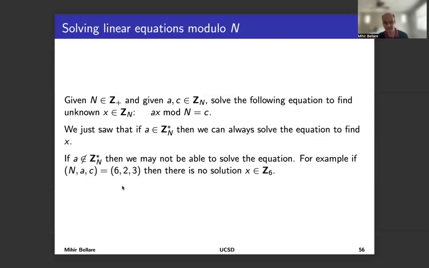It kind of was, because if a is not in Zn star, there are cases where we can't solve it. For example, if n is 6, and we're asked to solve 2 times x mod 6 is 3, I claim that there is no solution x in the range Z6. You can check that out and see. And of course, it doesn't contradict what we saw before, because here the a value of 2 is not in Z6 star.